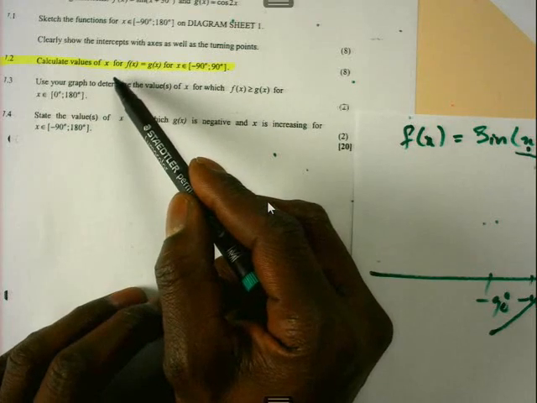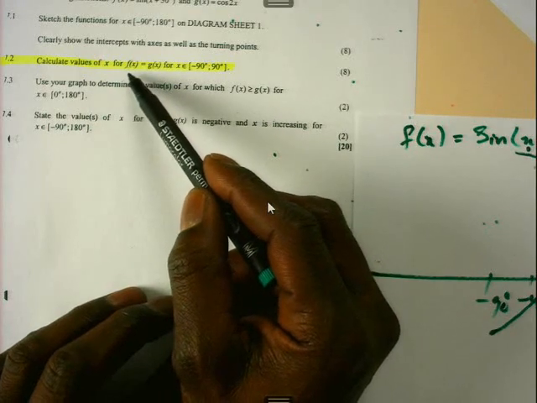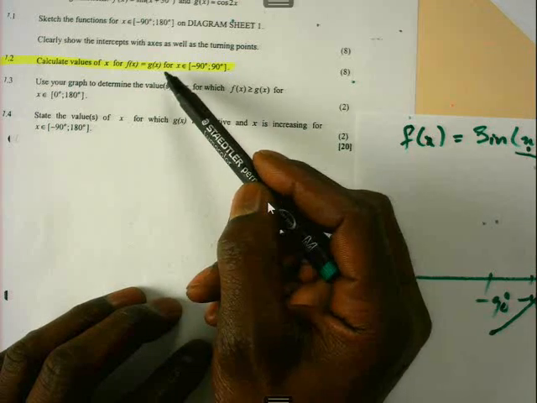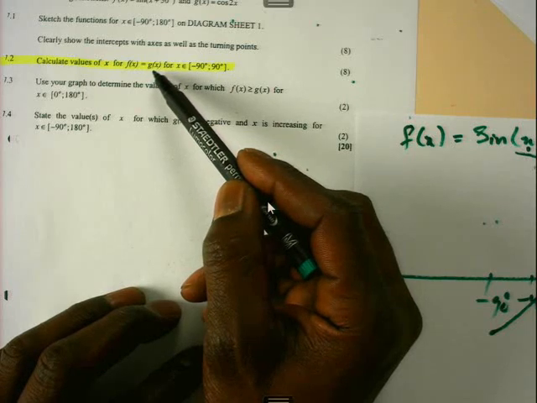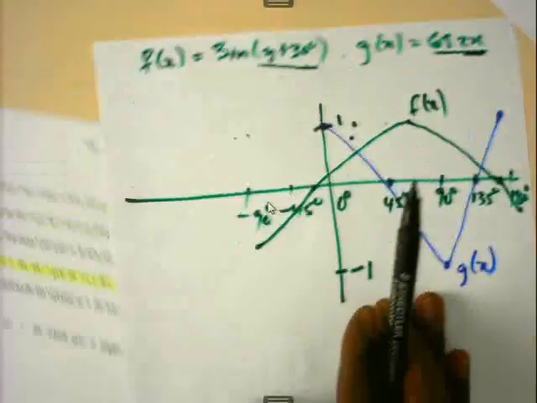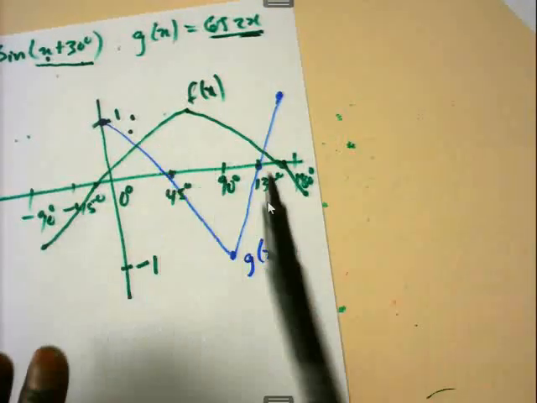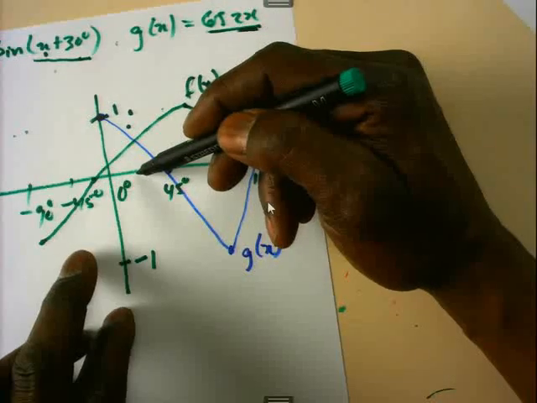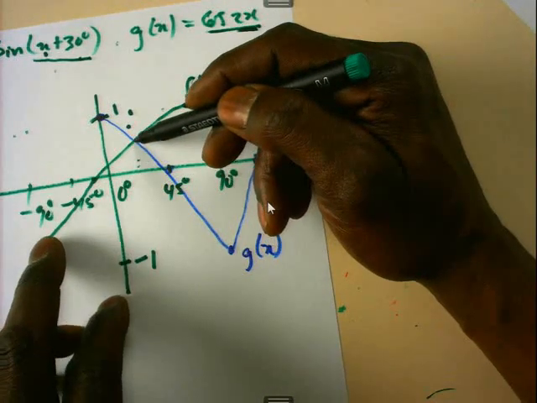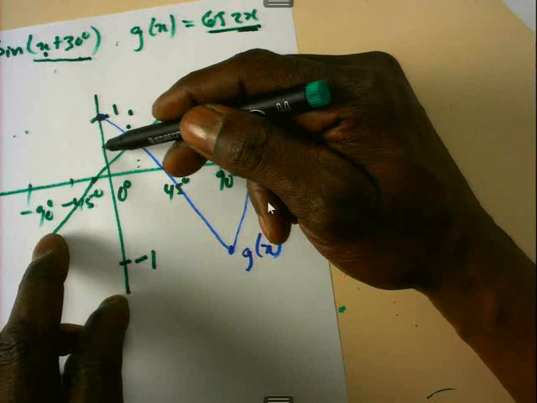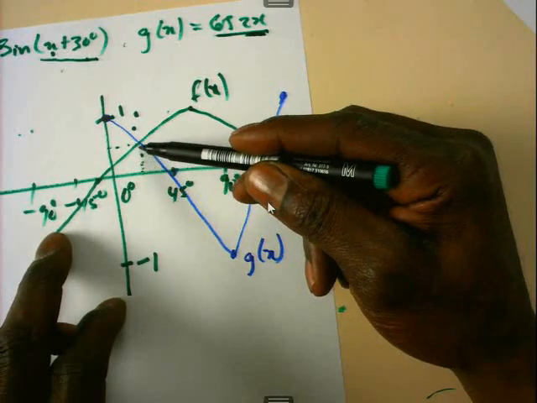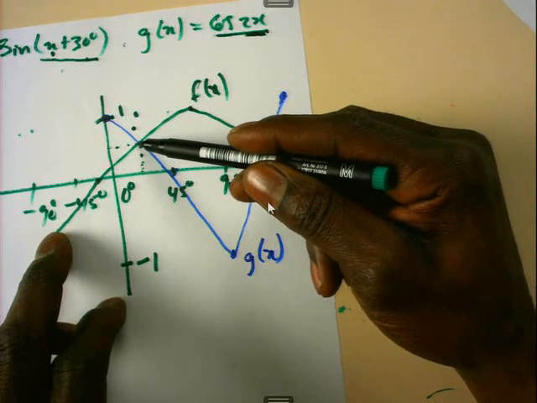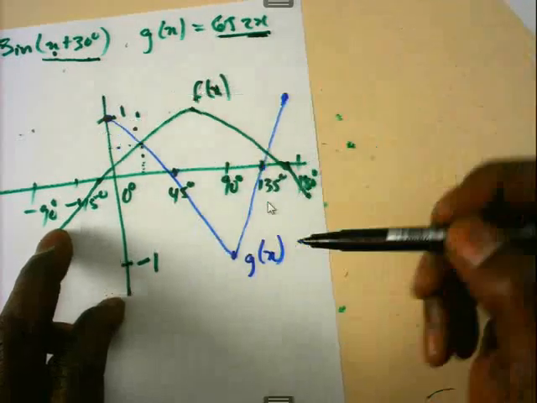Now, the main problem here that we are given is 7.2, which says calculate the values of x for the y value of the graph of f to be equal to the y value of the graph of g. If we look at the two graphs here, the y value of the graph of f at this point is that one, and the y value of the graph of g at that point is that one.